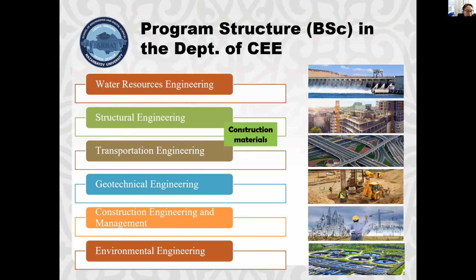As I show in the pictures, you can see some bridges, some roads, buildings, and also water. In our department we provide six main programs: water resource engineering, environmental engineering, structural engineering, transportation engineering, geotechnical engineering, and construction engineering and management. Think about it.